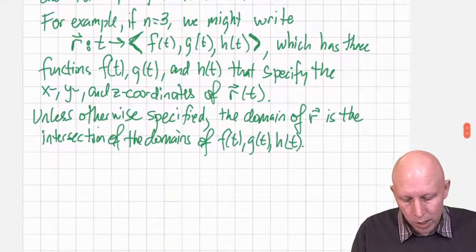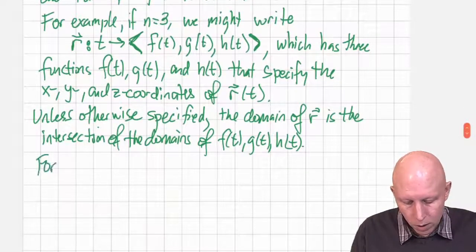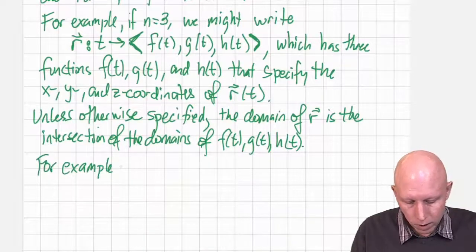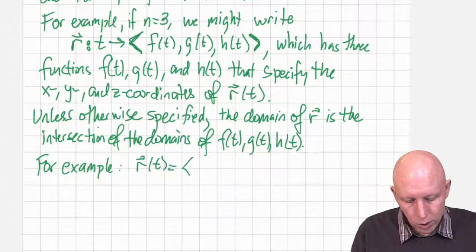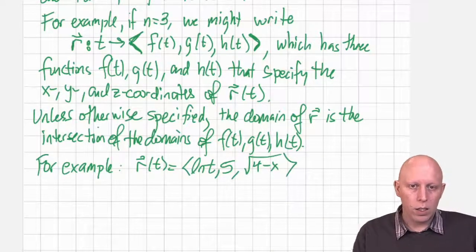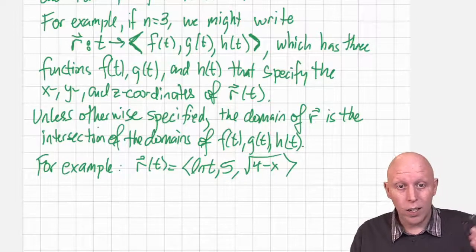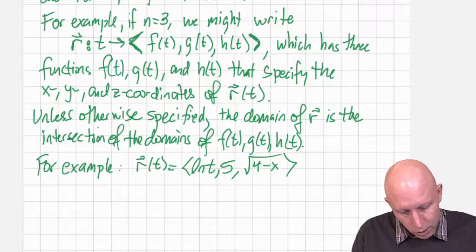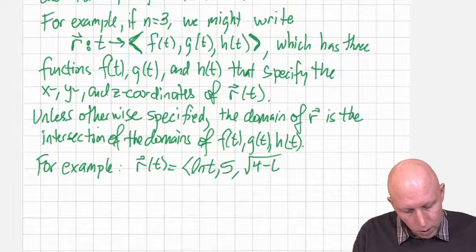So what do I mean by that? For example, consider this function: r of t is equal to ln of t, comma 5, comma square root of 4 minus x. Oops, not 4 minus x, 4 minus t.